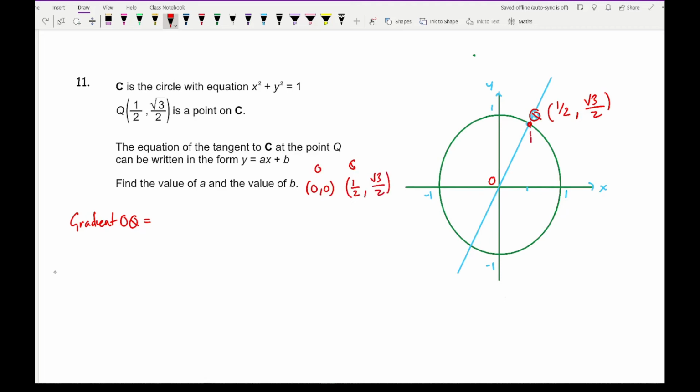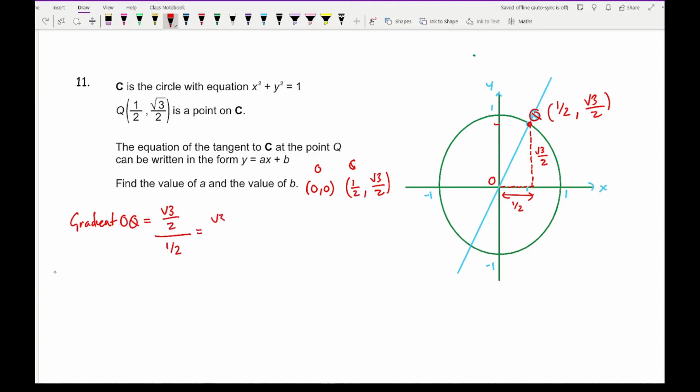If I draw that right angle triangle to work out what the gradient is, the height is going to be the y ordinate, which is root 3 over 2, and this distance here is going to be a half. So the gradient of that line is therefore going to be root 3 over 2 divided by a half.